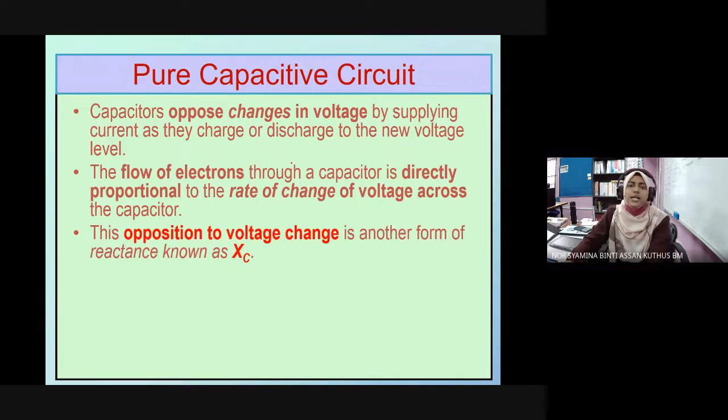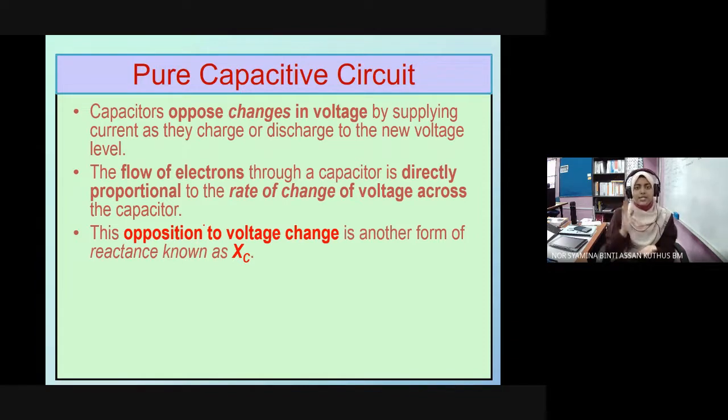Itu yang akan mengakibatkan lagi banyak energi boleh simpan dengan cepat ataupun dalam masa yang sangat lama. Semua itu is affected by your capacitor tu lah. So this opposition to voltage change is another form of reactance. Inductor tadi adalah opposition to current change sebab dia adalah rate of change of current yang akan affect your flow of electron.